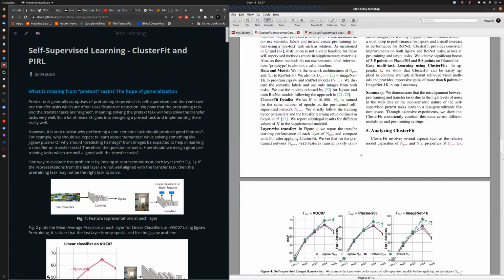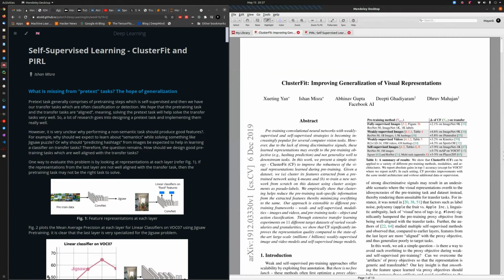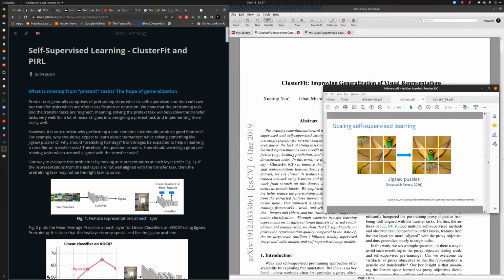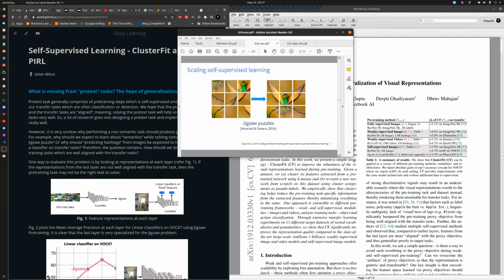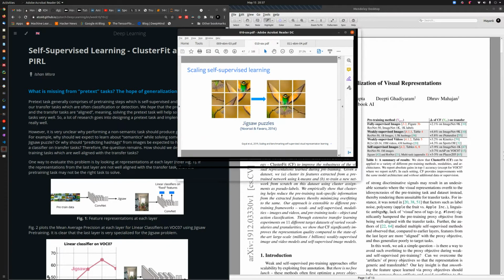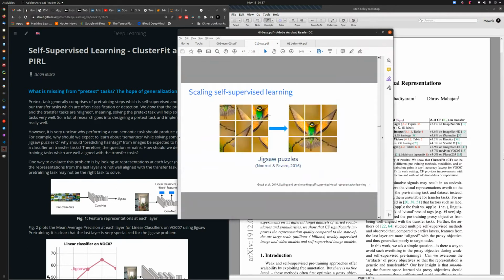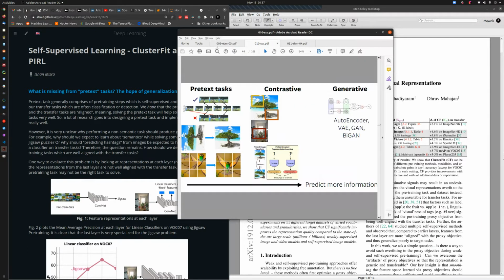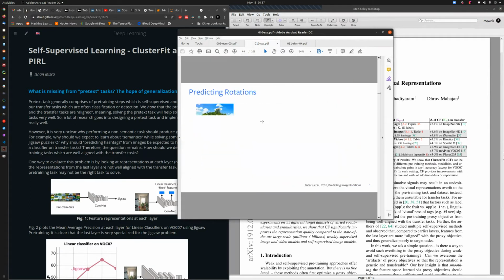Let's quickly go through the cluster fit through the slides. It's a pretty easy one since I had given the basics of what it represents. So let's try to recap.